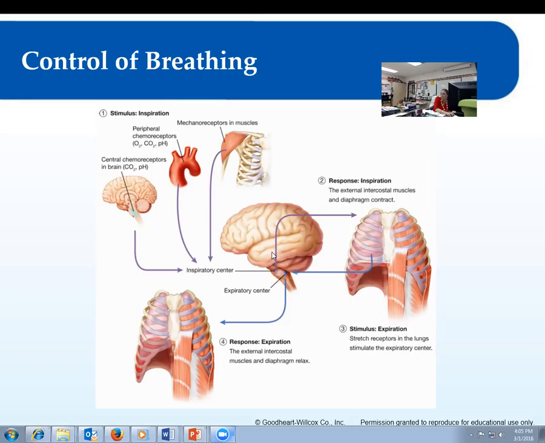That's the medulla oblongata and the pons. They work together. Remember, the medulla oblongata is your quarterback. It kind of sets the pace. And then your pons is what coordinates your breathing. All right, so then we have a message that goes to your external intercostal muscles and the diaphragm. It says, hey, contract. We need to start breathing fast. Then we expire, right?